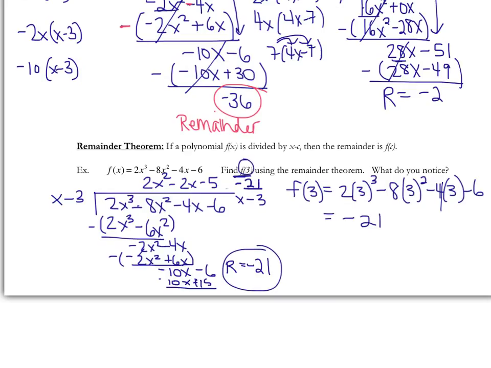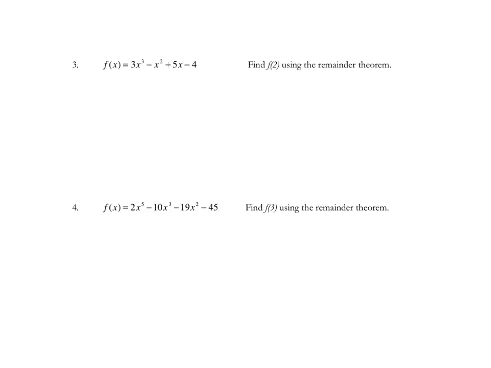The remainder theorem and eventually the factor theorem are going to be pretty important for us. What do you think we want our remainder to be that would tell us that our x minus c is a factor? Let's try some examples. Number 3, so we're going to find f of 2.